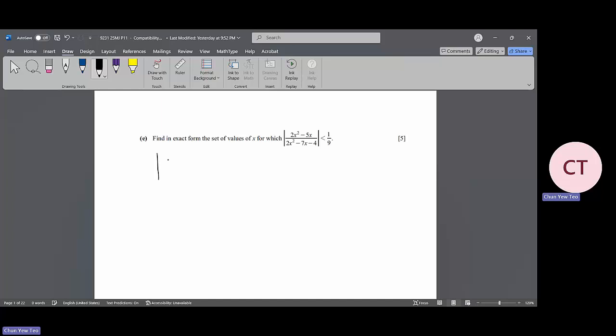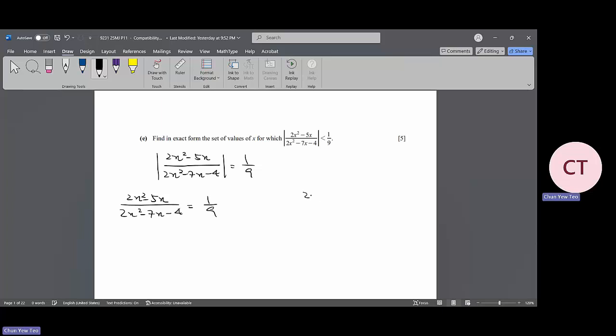So to solve the inequality, usually we just let them equal first. We will break them into 2 parts. One part is a positive 1/9.